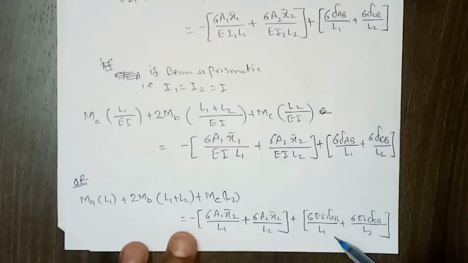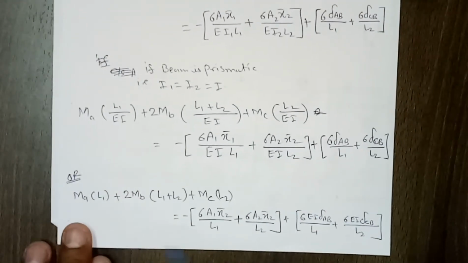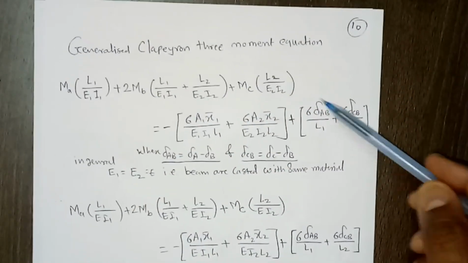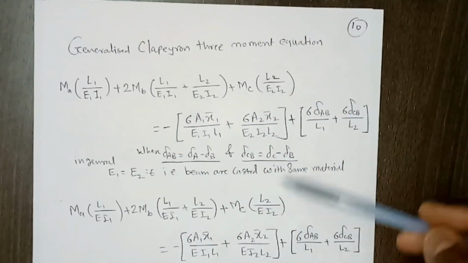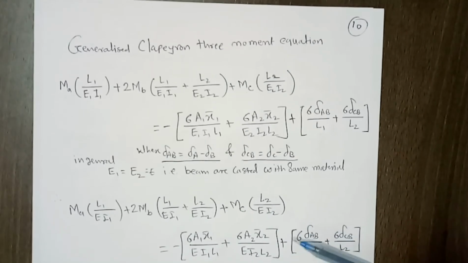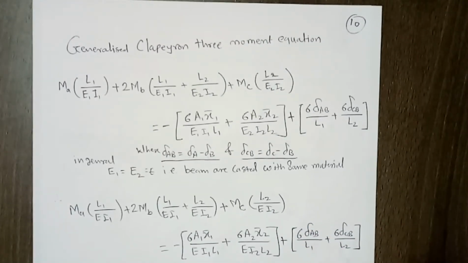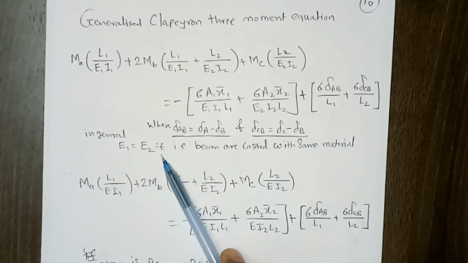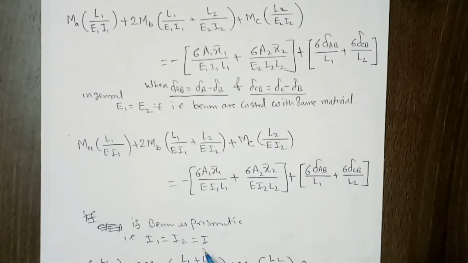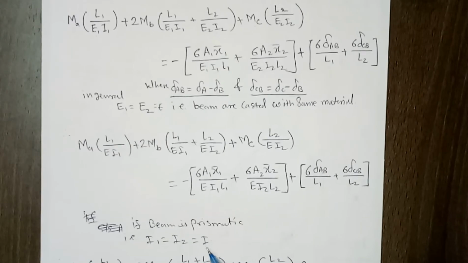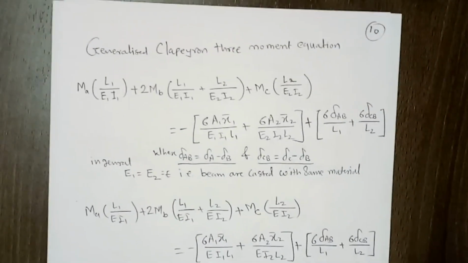In some books you may get this equation in this form or in this form, or sometimes even in this form also, right? So it is up to you how you want to remember it, but any form is okay, because the majority of the time you will see E is constant, I is also sometimes constant, but even if it is different, we'll see how to incorporate that in the numerical example.